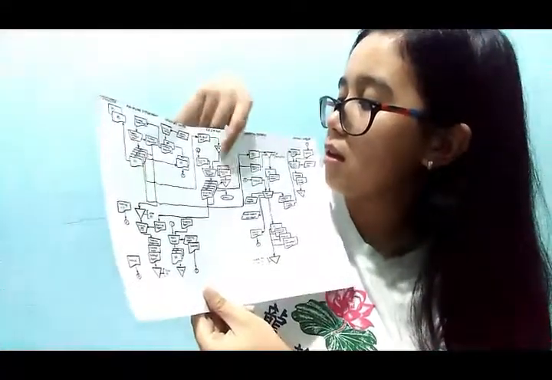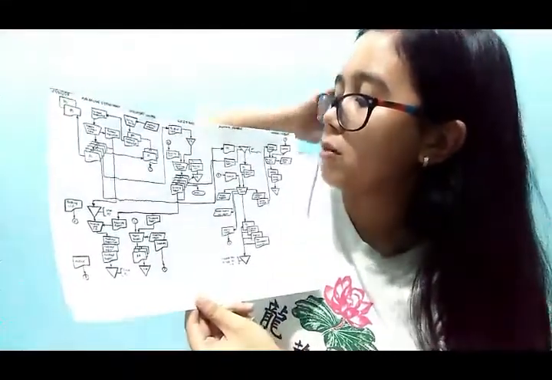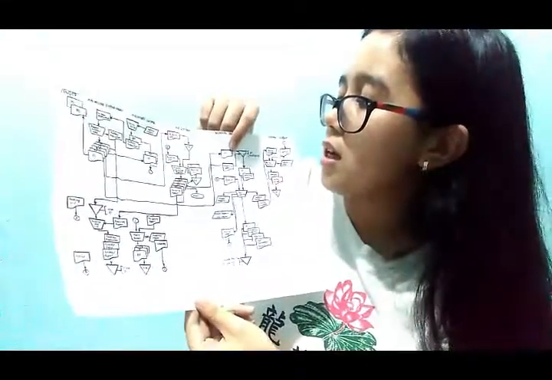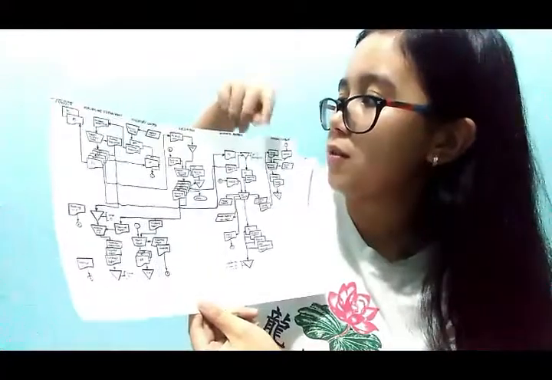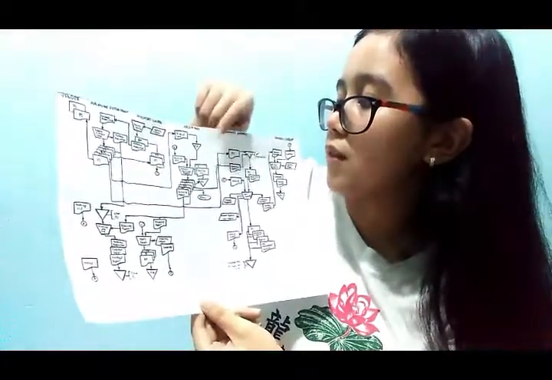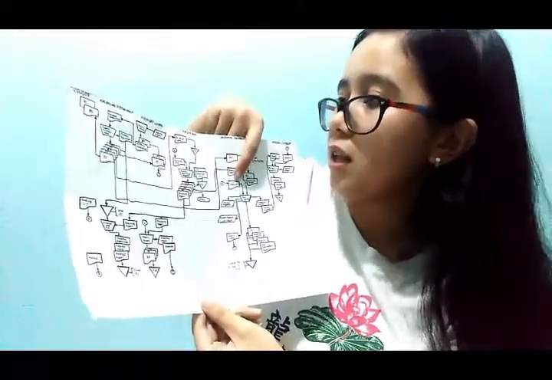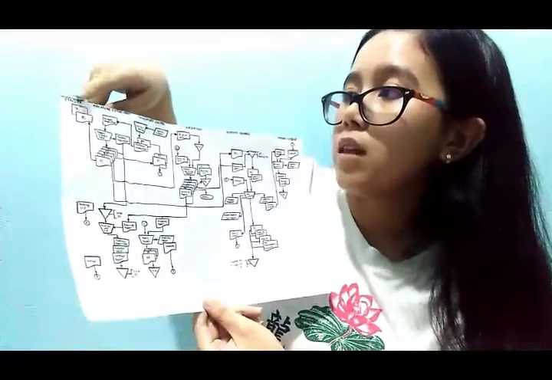Now, in the accounts payable department, there is the purchase order and the receiving report that have been received from the receiving department, and the invoice that has been sent by the vendor.